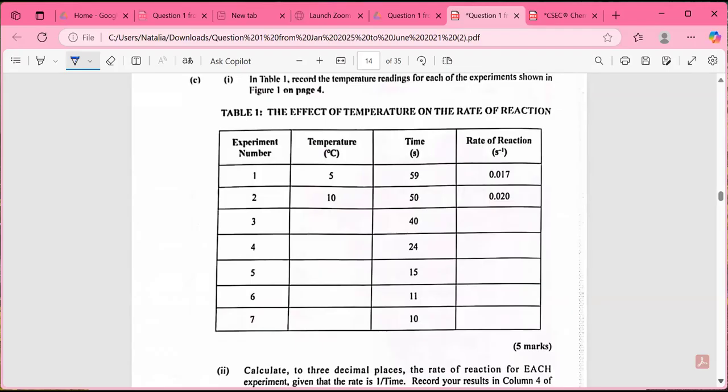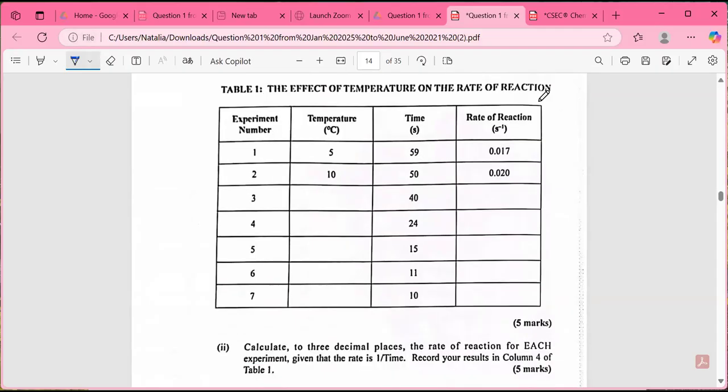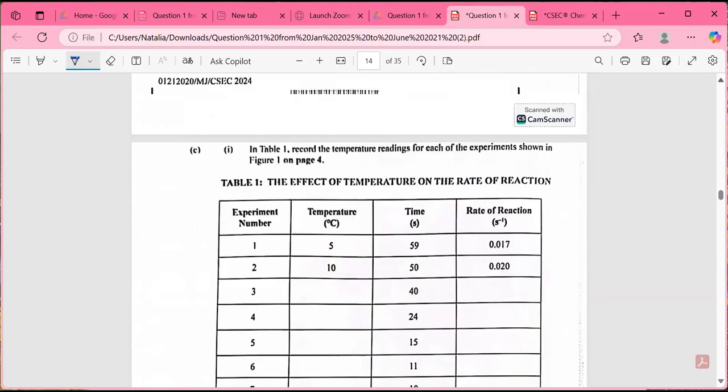Here is a table, and they ask us to work out some stuff. Table 1 records the temperature reading for each of the experiments shown in figure 1 on page 4. Table 1, the effect of temperature on the rate of reaction. So we're going to put in the temperature readings.